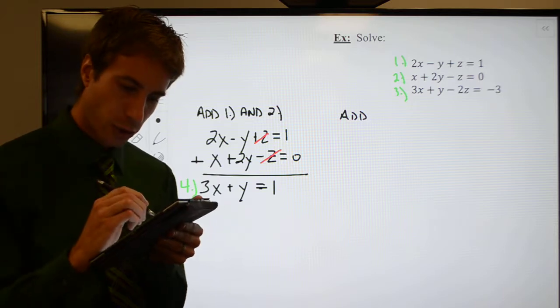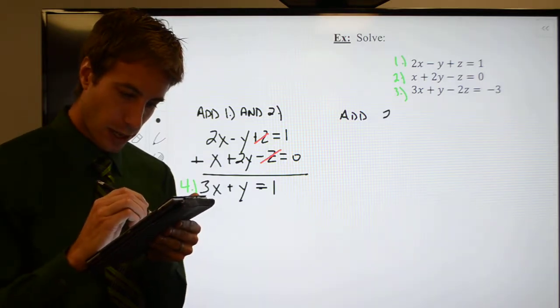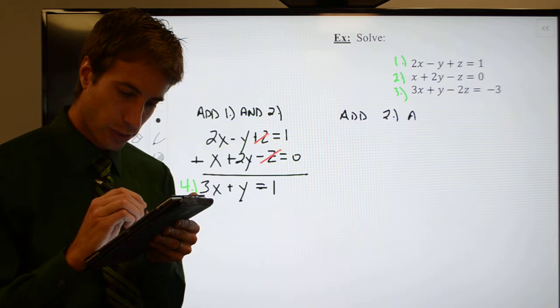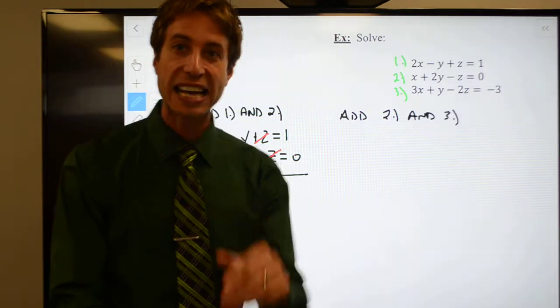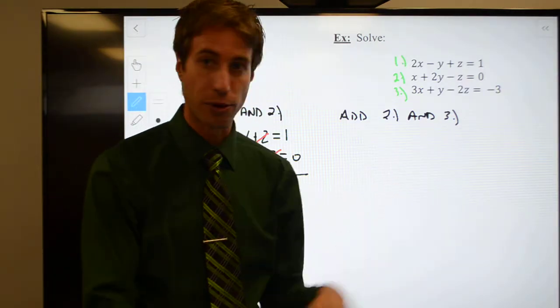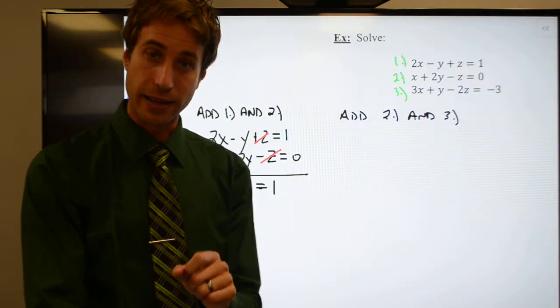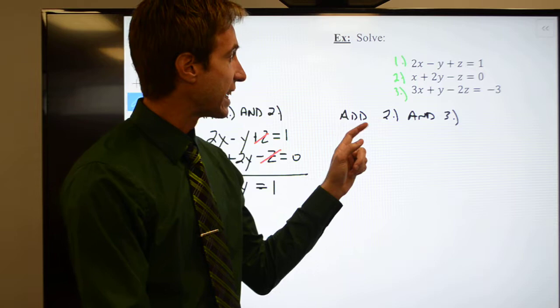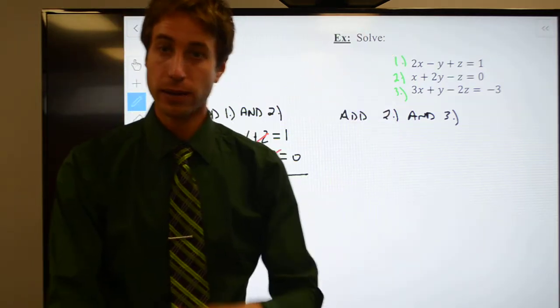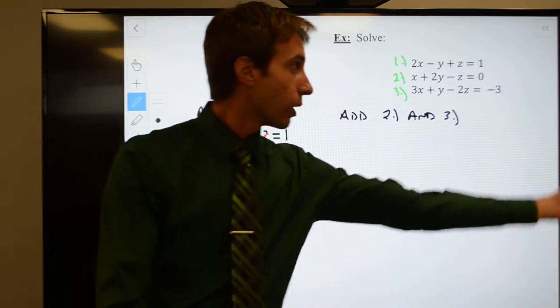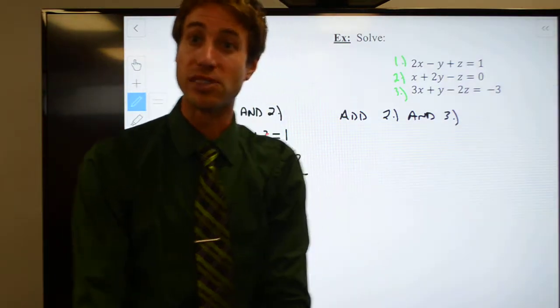Well, fine. We'll do 2 and 3. The reason I'm going to add equation number 2 and number 3 instead of adding equation number 1 and number 3 is because of this. Equation number 2 is equal to 0.